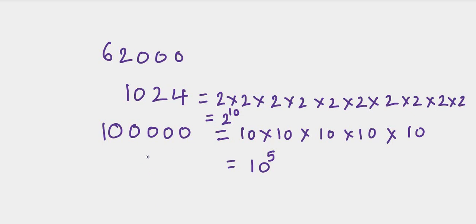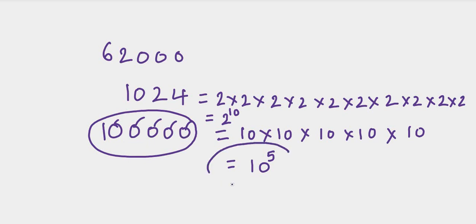We can express these large numbers in short form instead of this. Actually this number is ones, tens, hundreds, thousands, ten thousands, lakhs. So this number you can express simply like this.